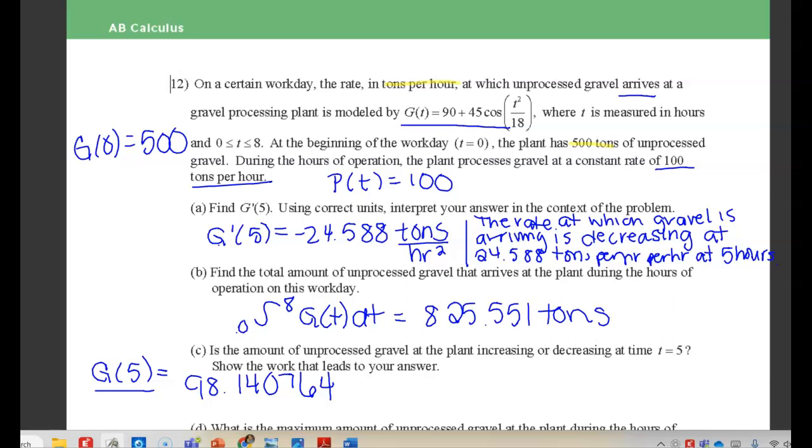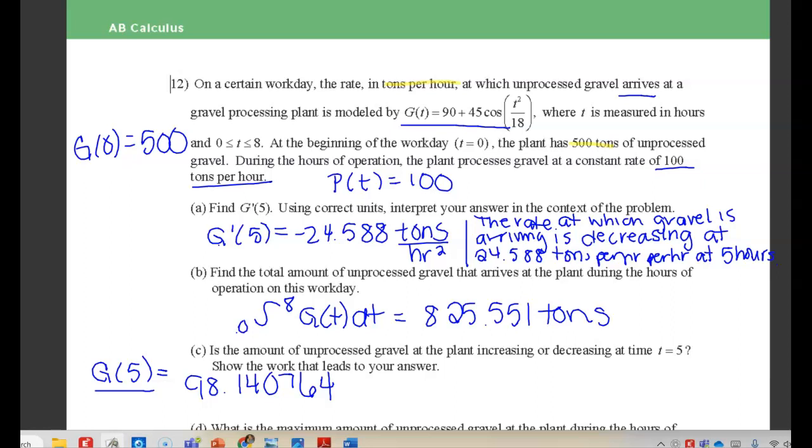So what that means is that the gravel is increasing at which it's being unprocessed. However, it's not increasing at a rate greater than it's being processed. So that's good news for the plant, because it means the plant is more efficient. The rate at which the gravel is arriving is being taken away and processed quicker, so there's not an excess.